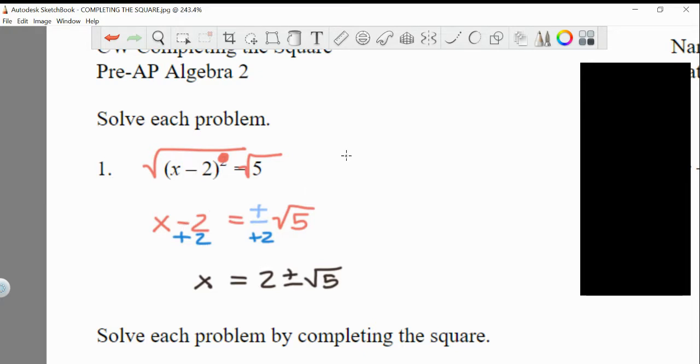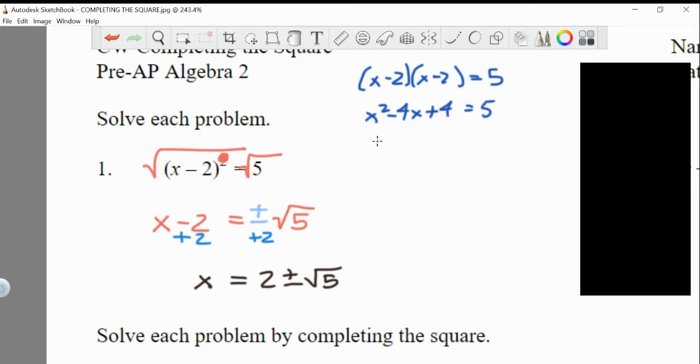Okay, so I'm going to sprint through this. Definitely don't copy me here, but pay attention and just watch it happen for sure. If I have x minus 2 squared, that's x minus 2 times x minus 2 equals 5. If I FOIL this, I'm going to get x squared minus 4x plus 4 equals 5.